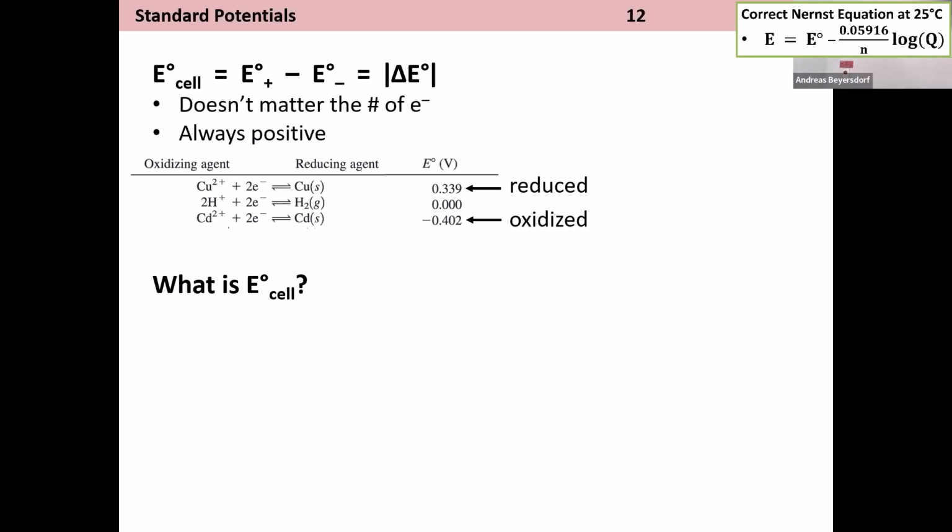And so I can do this by saying that E cell equals 0.339 volts minus negative 0.402 volts. And that will end up giving me 0.741 volts.